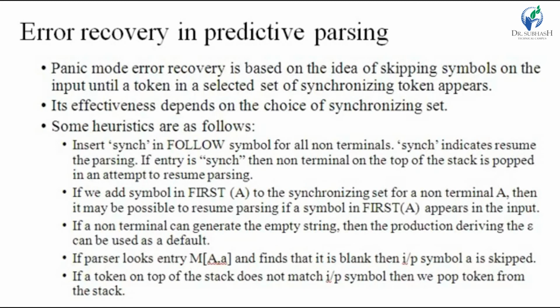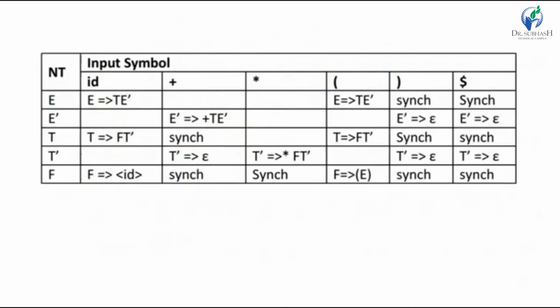If the parser looks at an entry in the parsing table M of A, a and finds that it is blank, then the input symbol is skipped. If the token on top of the stack does not match the input symbol, then pop it from the stack.